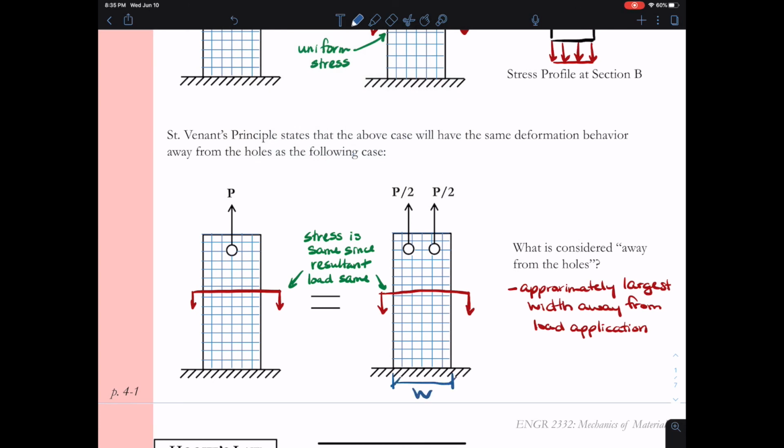Let's call that W. Then we'd have to look at stress at some point at least W away from where it's connected. So whether it's connected at the fixed end at the bottom or W away from the bolt holes at the top, this is what we mean by away from the holes. Most engineering problems, we will be looking at stretch sufficiently away from the point of load application.